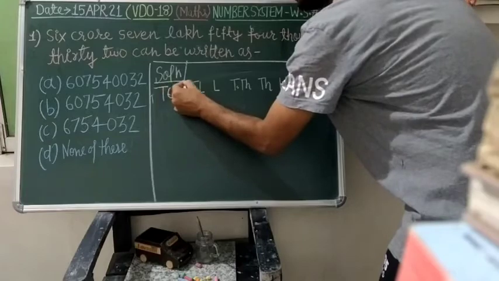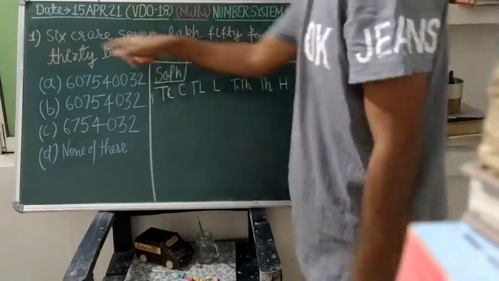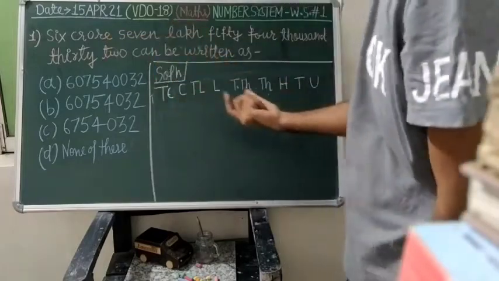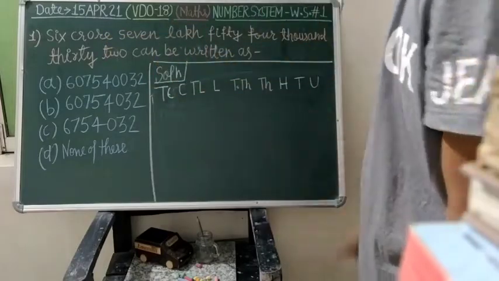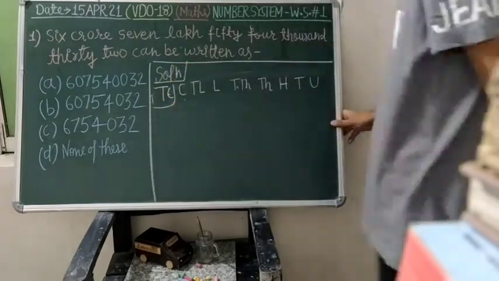Here they are saying to start from the 6 crore. 6 crore is one digit, so we will ignore the 10 crore and start from here.